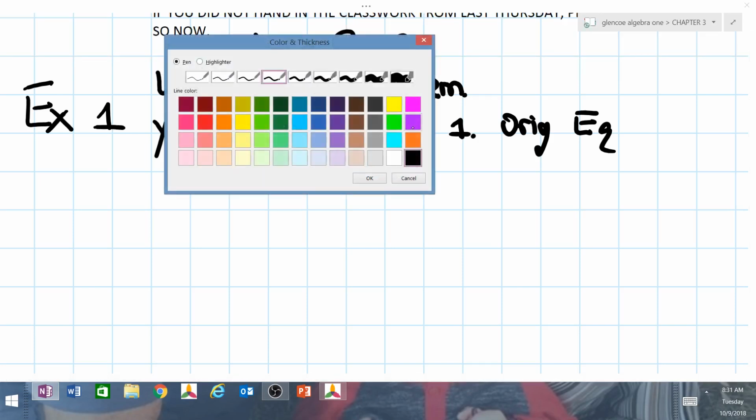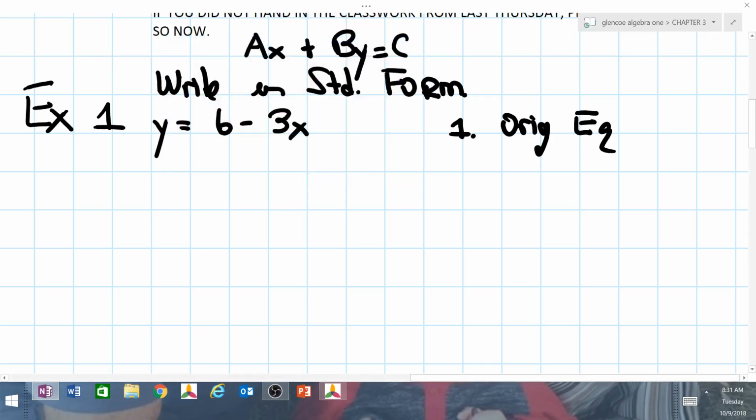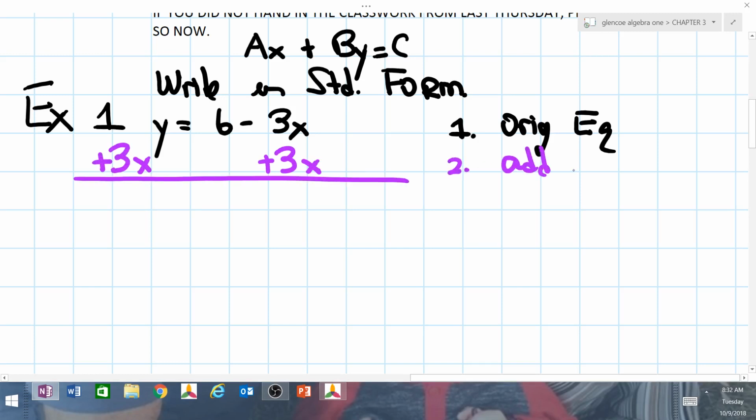So to go ahead and accomplish this goal, please remember the first thing we need to do is to get x and y on the same what, guys? Same side. And the x term must always be what? Positive or negative? So what would be the easiest thing to do here to each side of this equation? Add 3x to both sides. Add 3x to each side. And when we do that, we get, so let's just write this down, add 3x to each side.